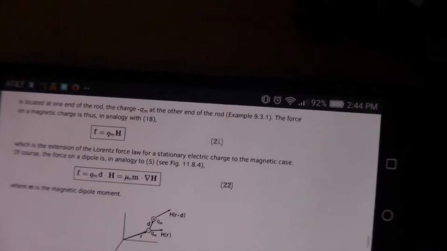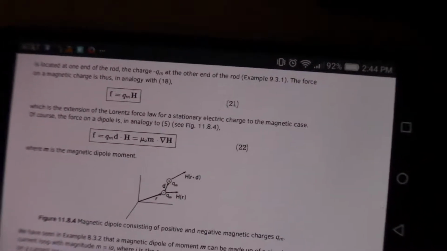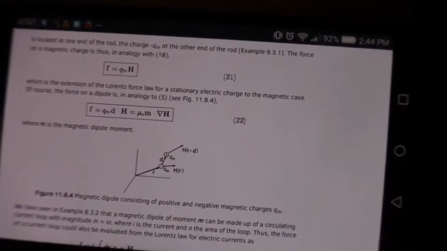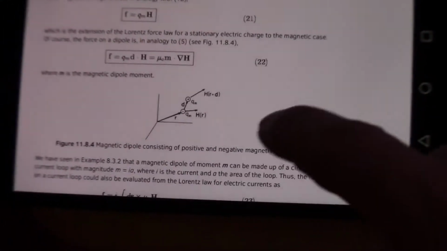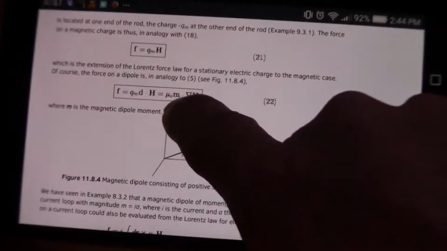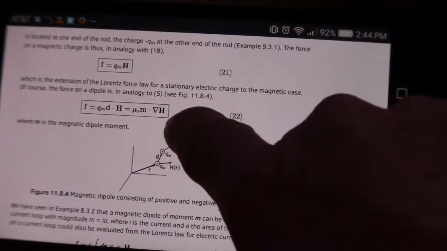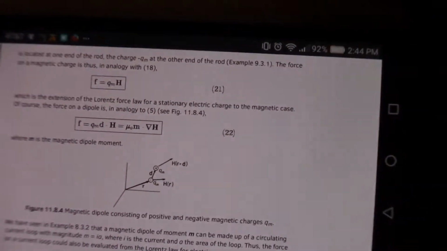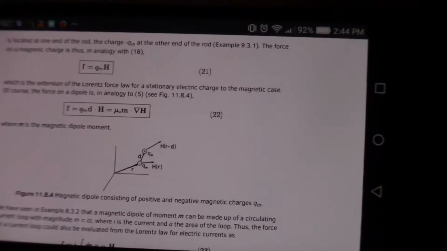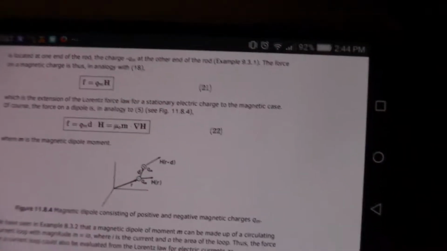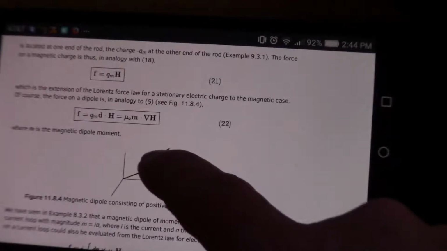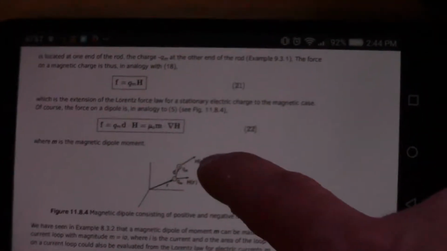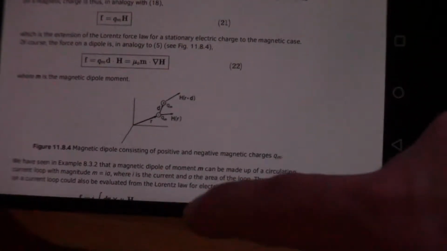So here it talks about the force on a magnet, and I notice here there's this gradient of the H field. Often enough, people represent a force on a magnetic dipole with magnetic moment M, a magnetic dipole consisting of positive and negative magnetic charges.